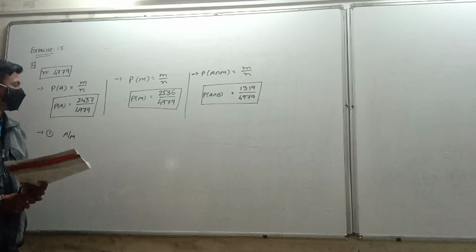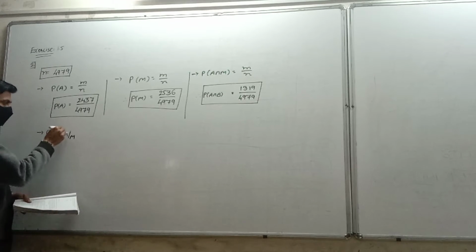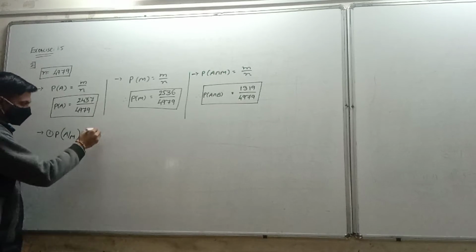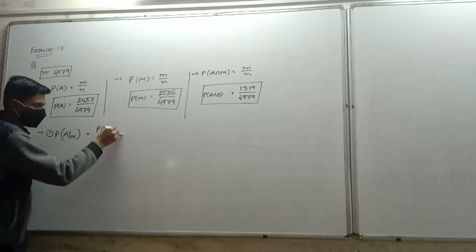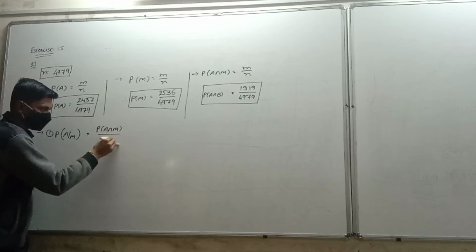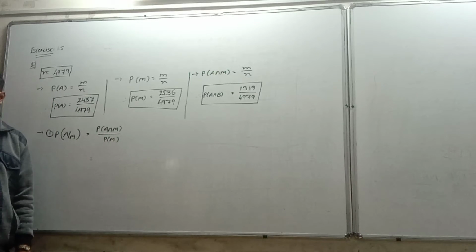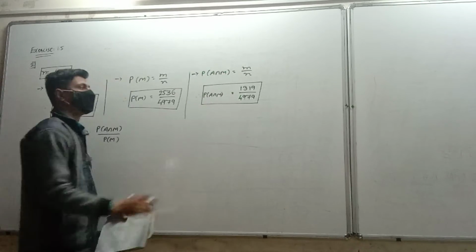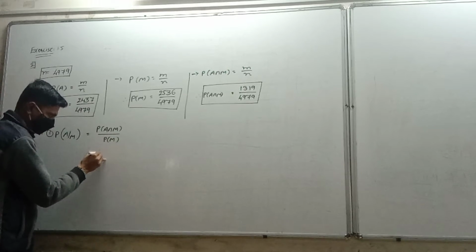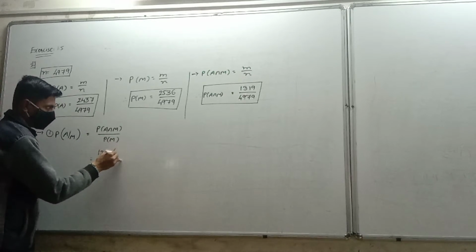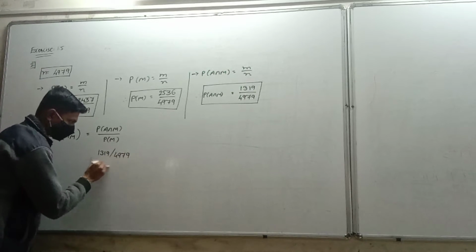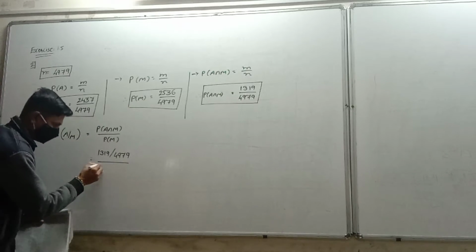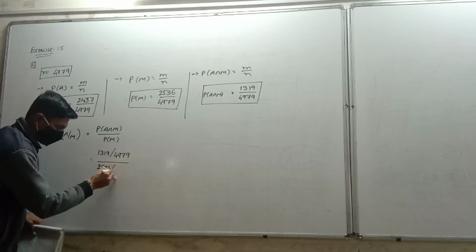New line, P of A given that of M is equal to P of A intersection M upon P of M. Here A intersection M, write down 1319 upon 4979 divided by P of M, 2536 upon 4979.